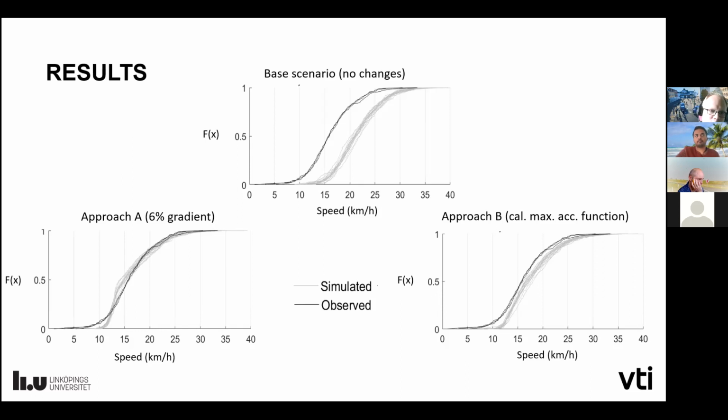In approach A, where we adjust this to 0.2, or we look at the 6% gradient, we can see that we capture the average rather well, but the shape is strange. If we try to calibrate the max acceleration function, we can get the shape right, but it's still too high.